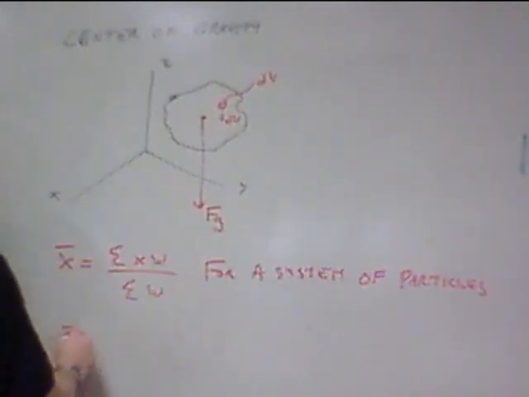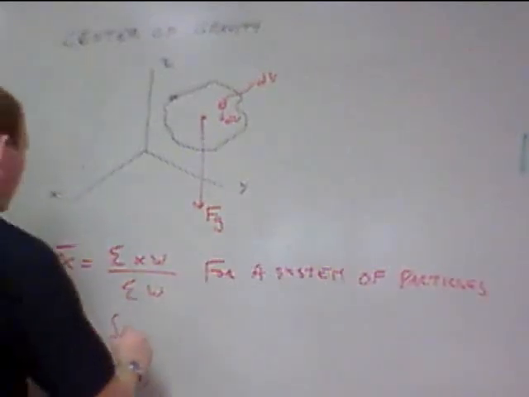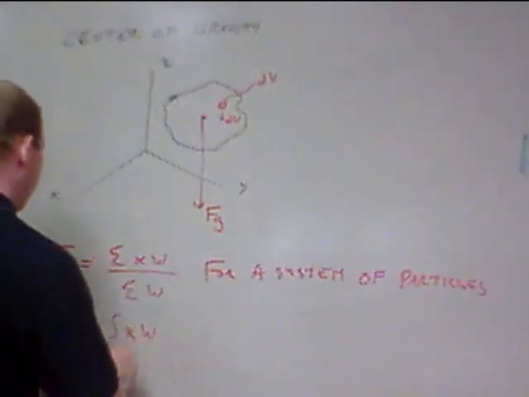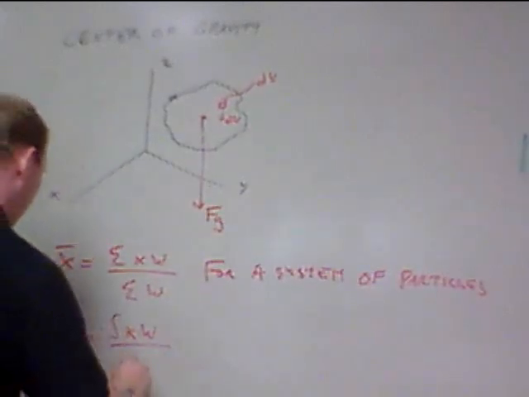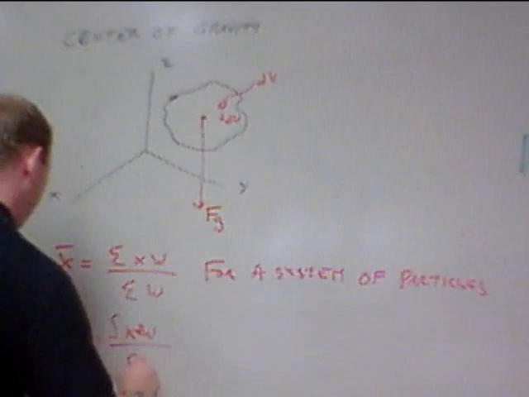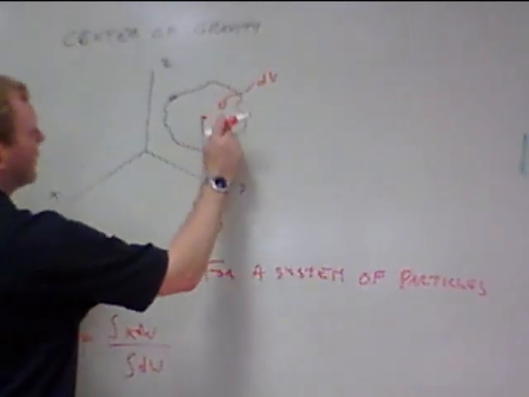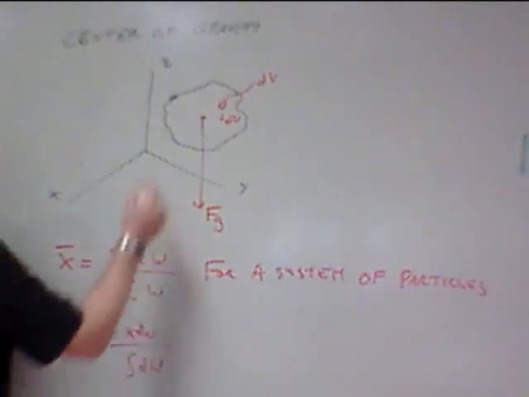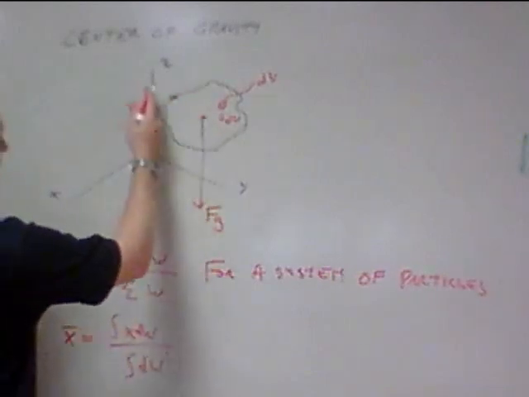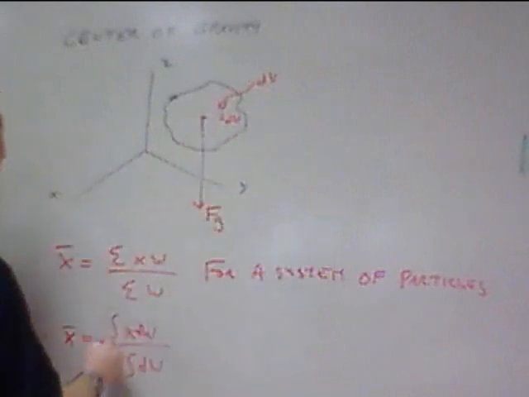So x bar becomes the integral of x dW over the integral of dW. The x position of each of these tiny little weights divided by the summation of all those tiny little weights. And we integrate from the left edge, the front edge in this case, x1, to the last place, x2.